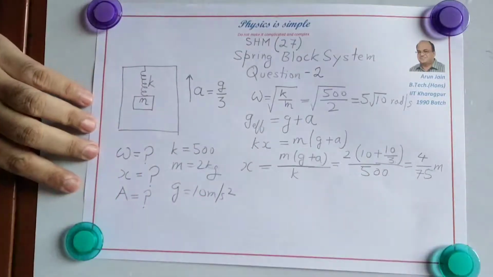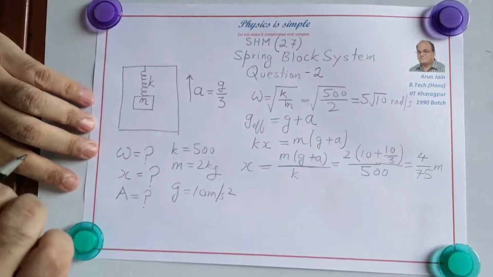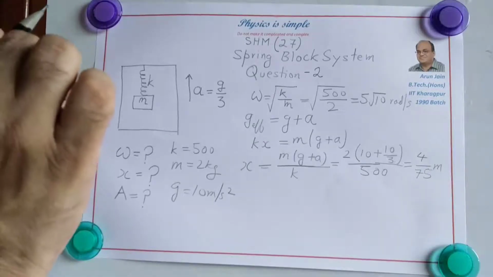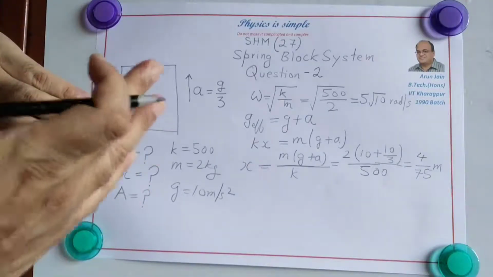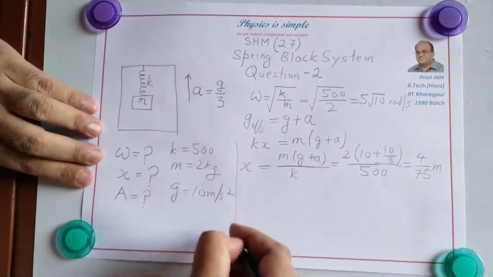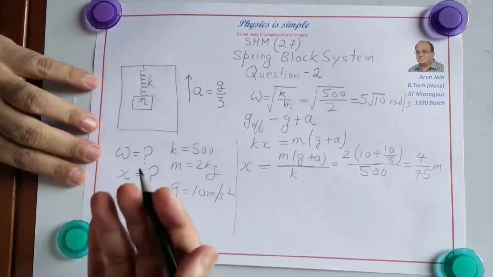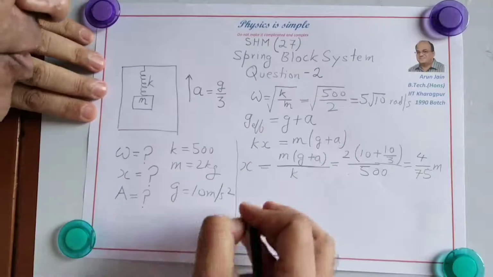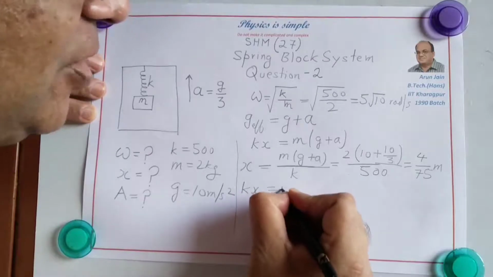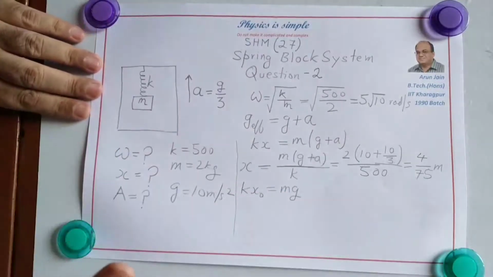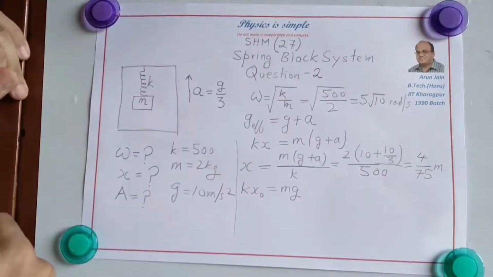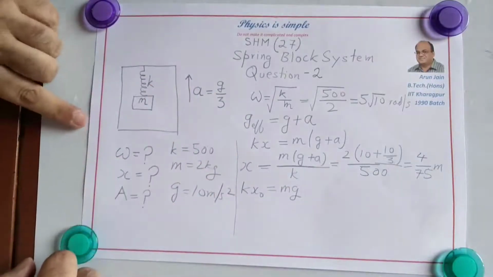When the acceleration of the lift stops, then the block will try to go to a position where the spring force balances its weight. That is the mean position. So let's call x naught the extension of the spring in that case. So now the spring force is kx naught, and this is equal to the weight at the mean position, where the forces are balanced in this new condition.